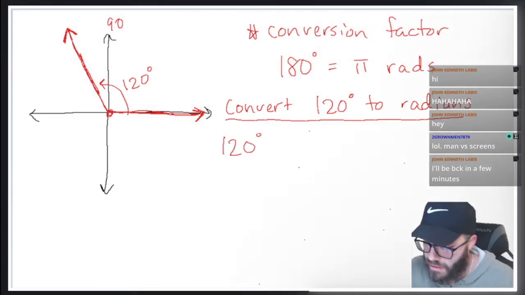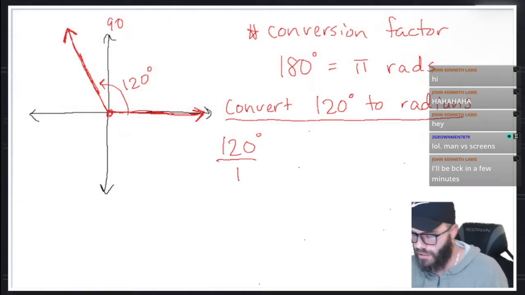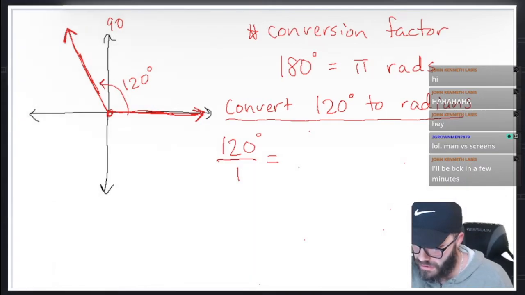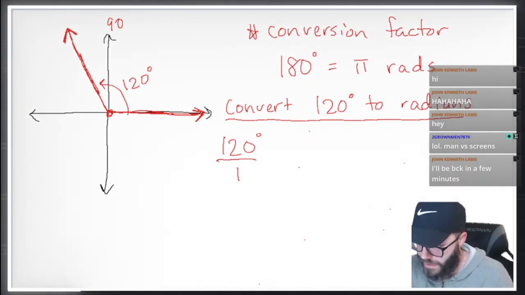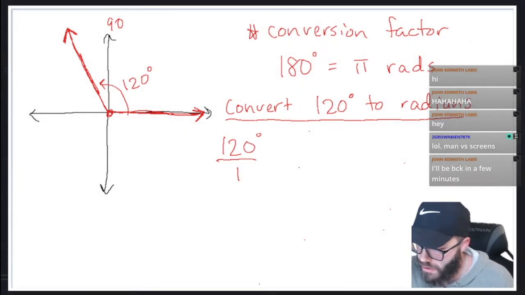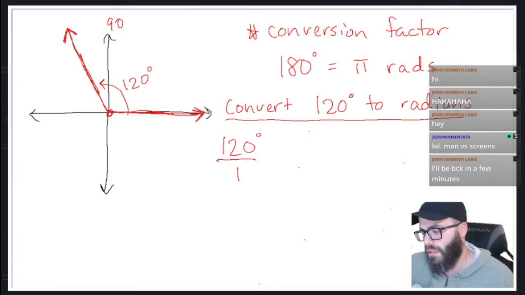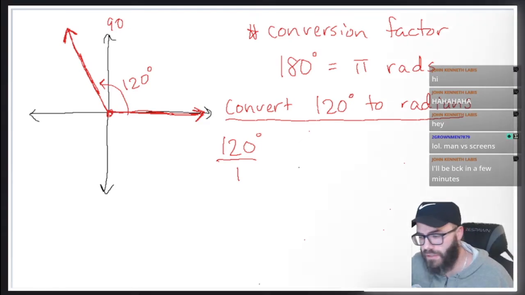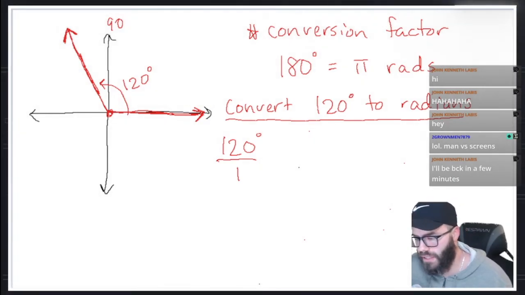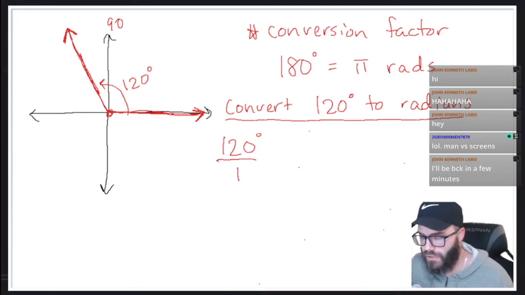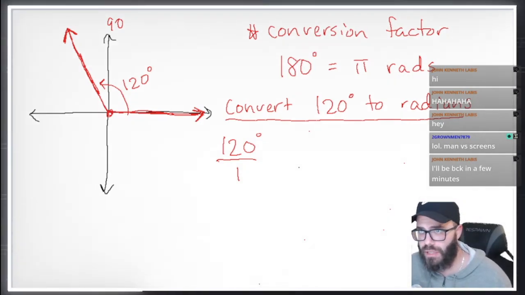I can represent that as a fraction by just writing it over 1, times, when you convert things, say you want to convert 15 ounces into cups, how many cups is 15 ounces? Or you have 7 cups, how many pints is that? Anytime you use conversion factors, you're just multiplying fractions, right?